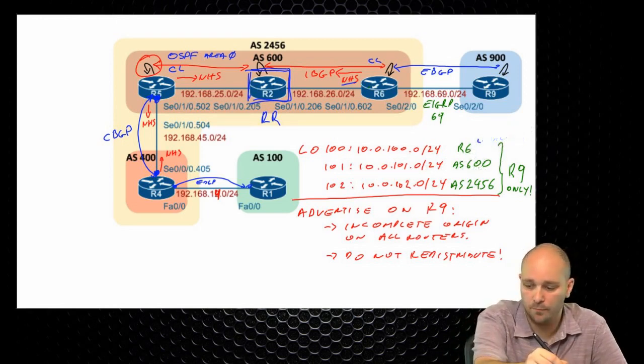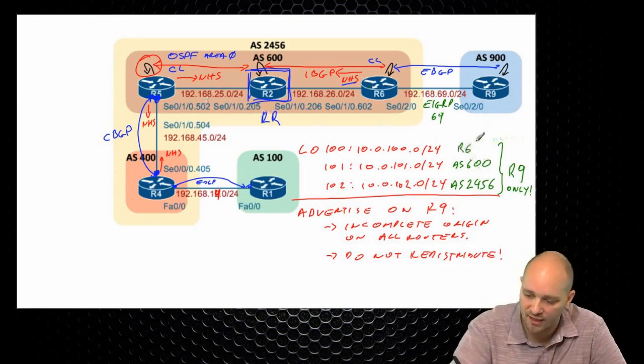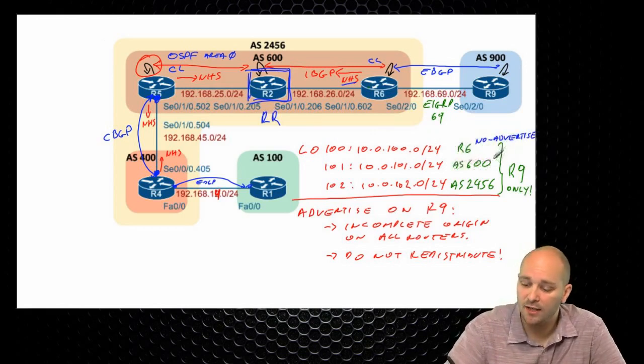This one that needs to stay only on R6 needs to be no-advertise. This one here that needs to stay in AS600 needs to get the local-AS. And this one here that needs to stay in AS2456 is going to be no-export.